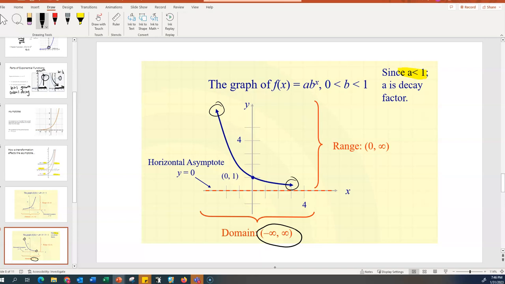Our range, however, will stop at our asymptote. Whatever that y value is, which is range is y values, it's going to always be lower bounded if a is greater than 1, and it will go to infinity. If a is less than 1, it will be upper bounded and go to negative infinity.